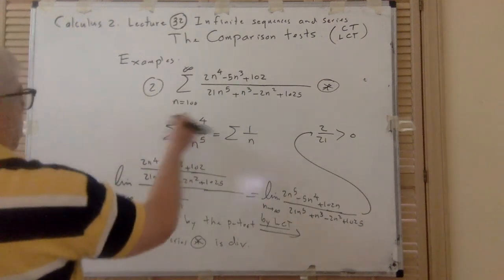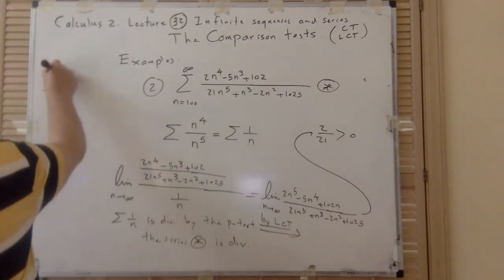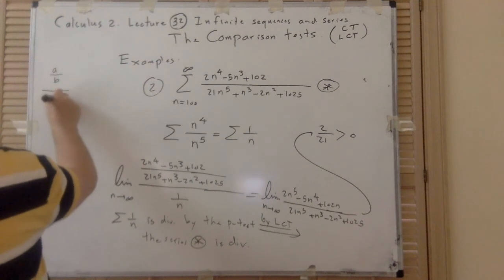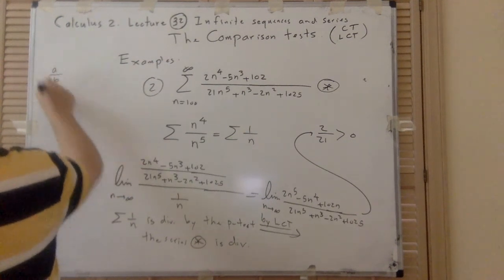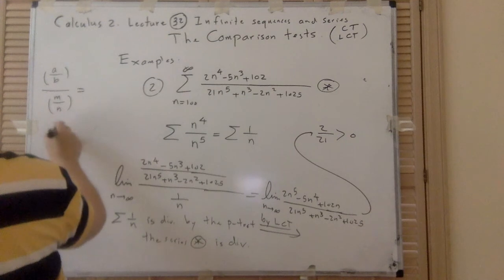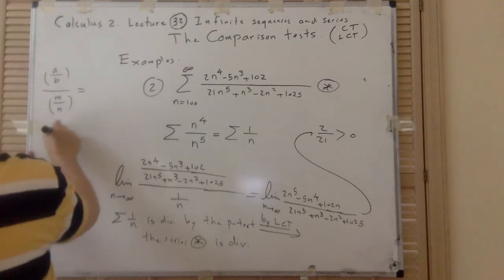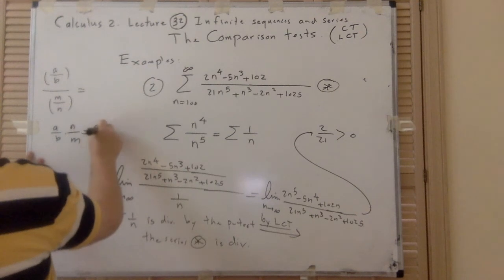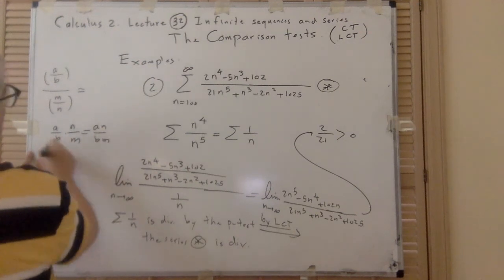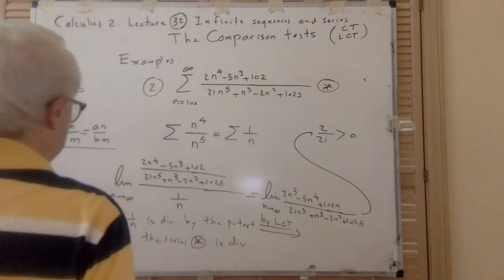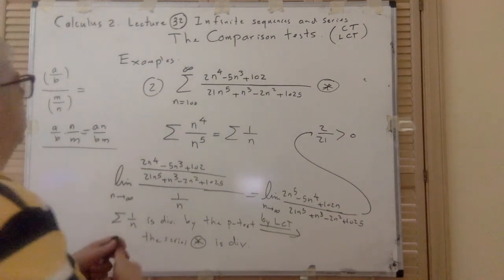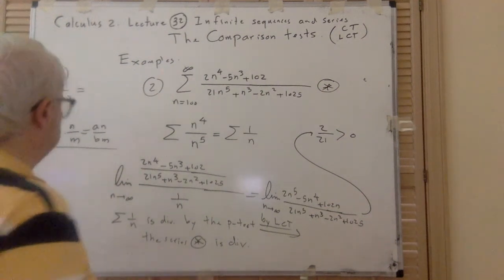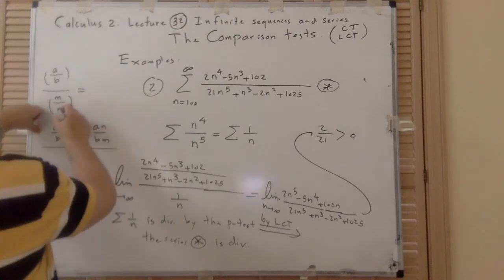Now, there is something from, say, pre-algebra. You might say, what happened? If I have A/B over M/N, right? But from pre-algebra, you know that this is A/B times the reciprocal of this. So that's AN over BM. If you're happy with this, then that's what it is. When I was in elementary school, the teacher told us it's easier to do this.